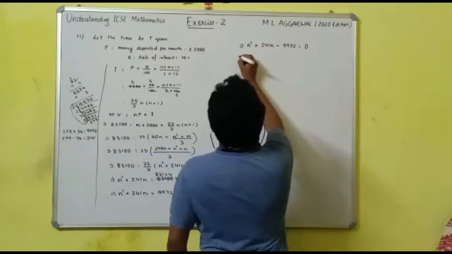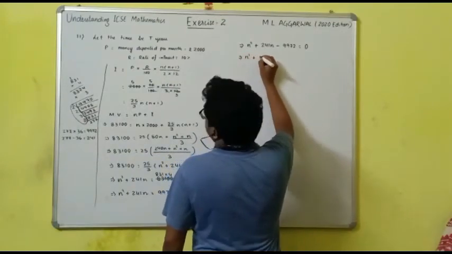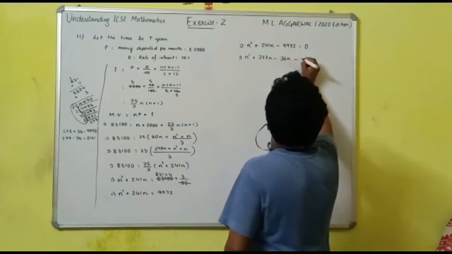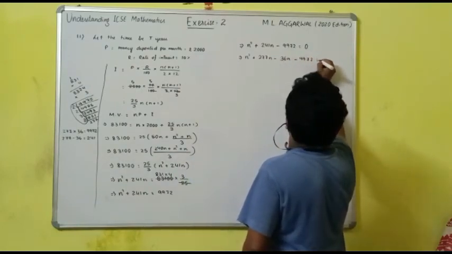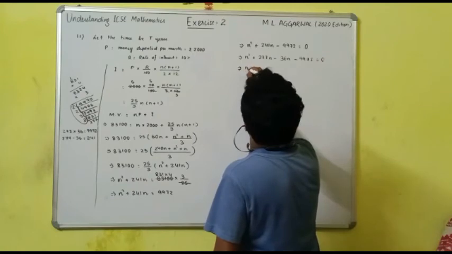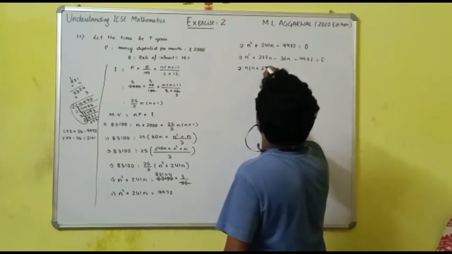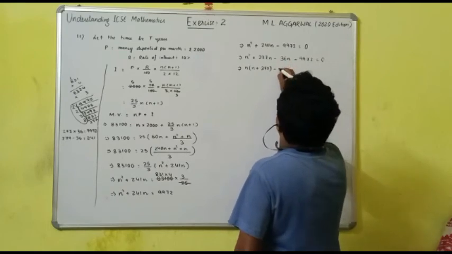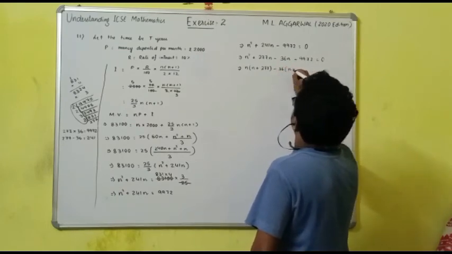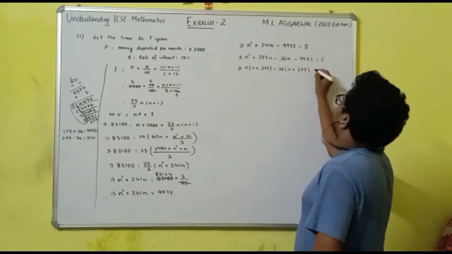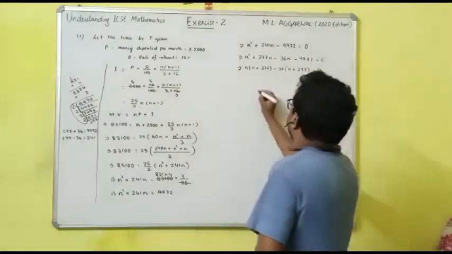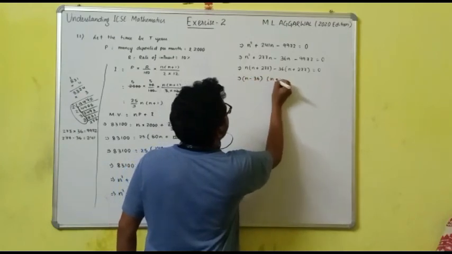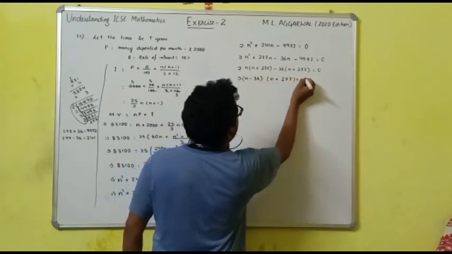So here we can use that one. N square plus 277 n minus 36 n minus 9972 is equal to 0. So n bracket n plus 277 bracket minus 36 bracket n plus 277. I am doing here prime factorization, nothing else. Then it will be n minus 36 and n plus 277 is equal to 0.